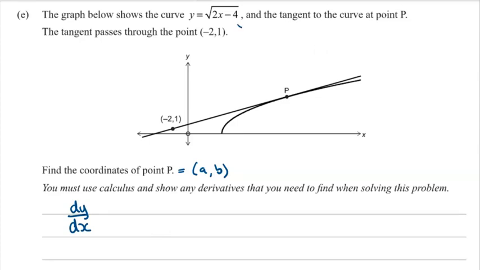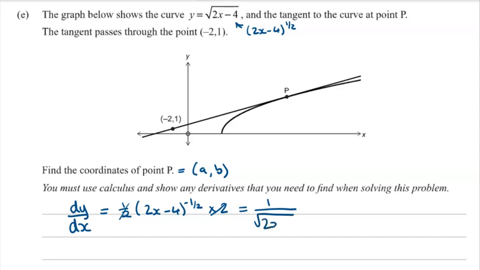Well, y will be equal to, this thing up here is 2x minus 4 to the half. So if we differentiate that, we've got half 2x minus 4 to the minus half, and then times it by 2. So the 2 will cancel with the half, and we've got dy by dx is equal to 1 over the square root of 2x minus 4.